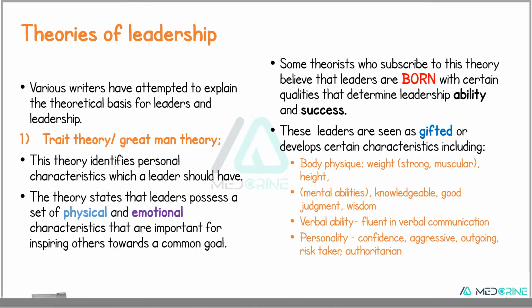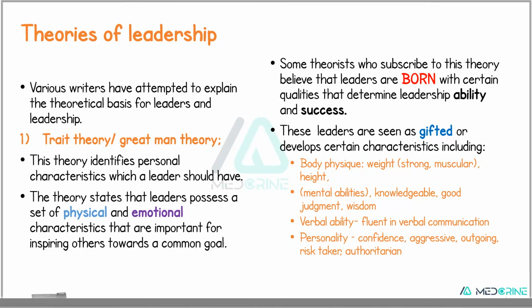The trait theory identifies personal characteristics which a leader should have. This theory states that leaders possess a set of physical and emotional characteristics that are important for inspiring others towards a common goal. Some theorists who subscribe to this theory believe that leaders are born with certain qualities which determine leadership ability and success.